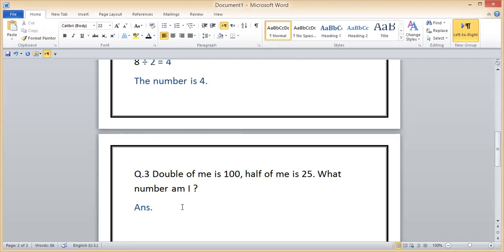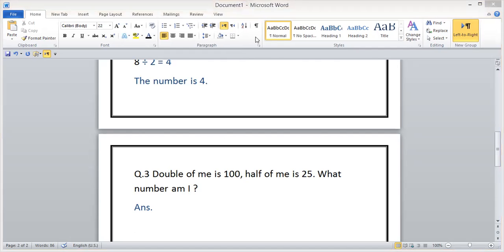What number am I? Half of 100. Double of me is 100. This is the hint. What will you do now? Double of 200? No, no, no. Mashri, double of 100, 200.